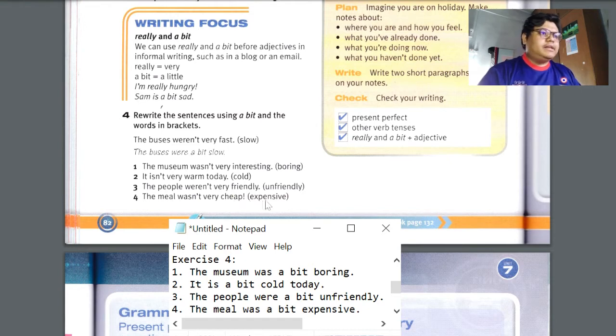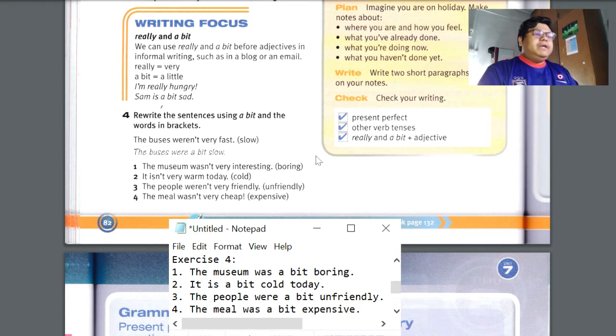Means it's expensive. Okay, so how do we change it into a positive sentence? So we can say the meal was a bit expensive. Okay, so this is how you change it.